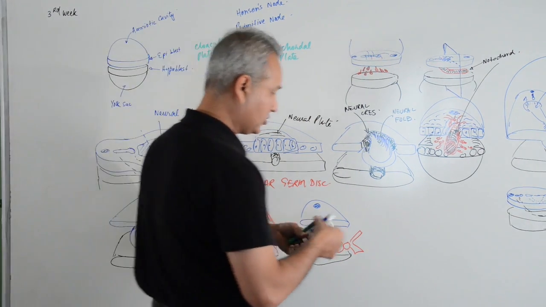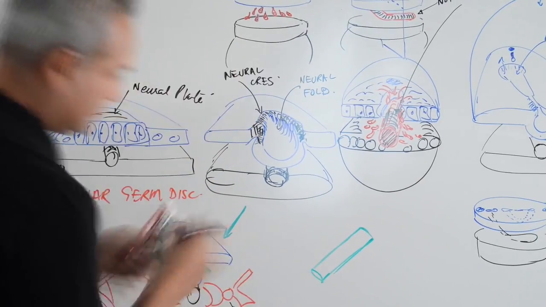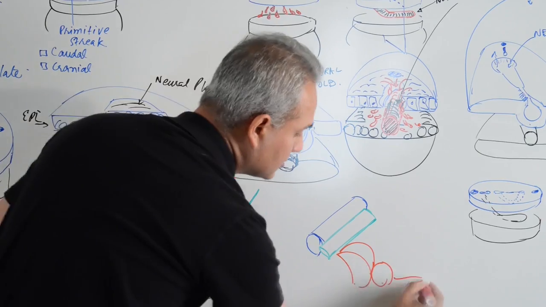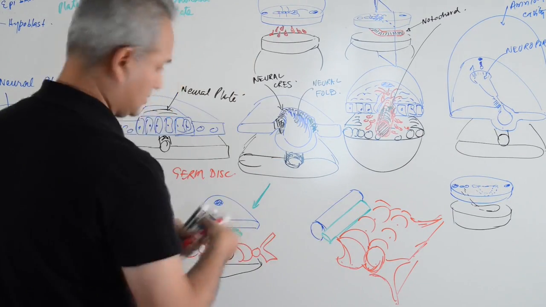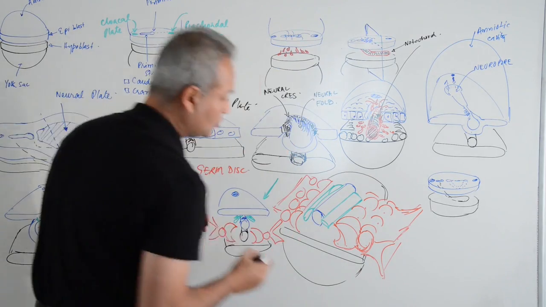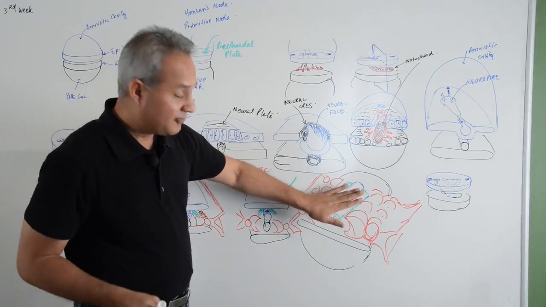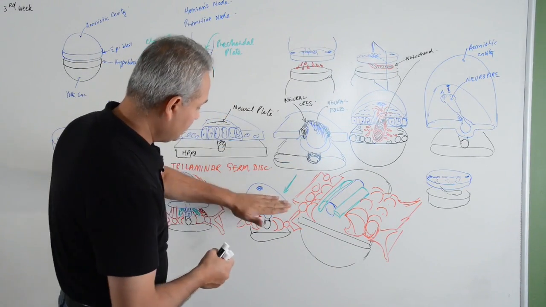This is how it is going to look. Okay, so if you see here, this is the neural tube. I've removed the ectoderm, I've removed the skin from the back.